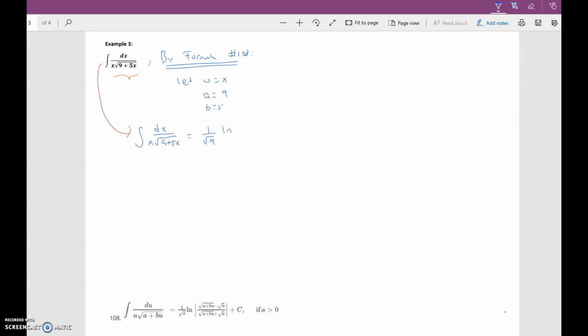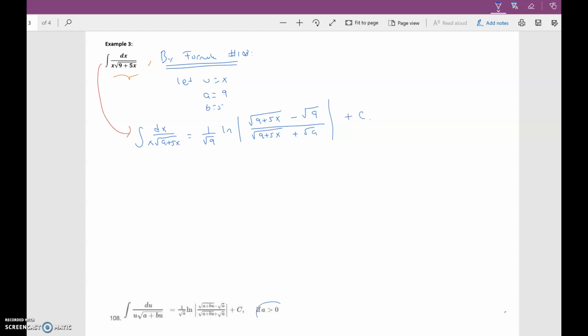We have the ln absolute value, and this one just has the a plus bu, so 9 plus 5x, minus the square root of 9. We'll simplify those square root of 9s, then 9 plus 5x, and then plus the square root of 9. Close the absolute value, and then plus c.